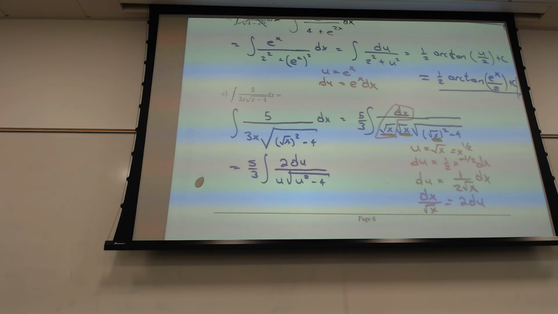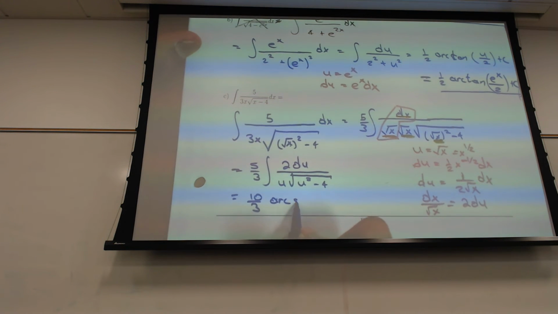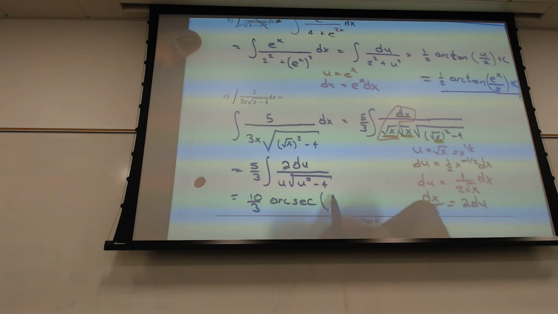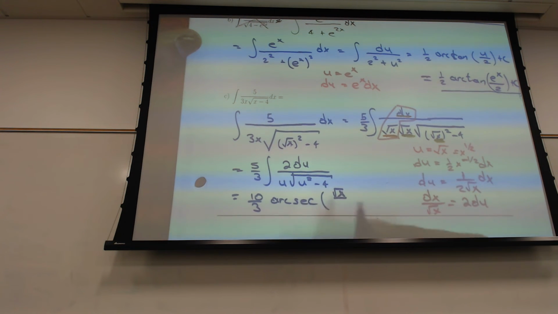So number one, that's going to be 5 times 2, which is 10 thirds, and that's arcsecant of the u, which in this case is the square root of x, over a. All right, over a, which in this case is 2.